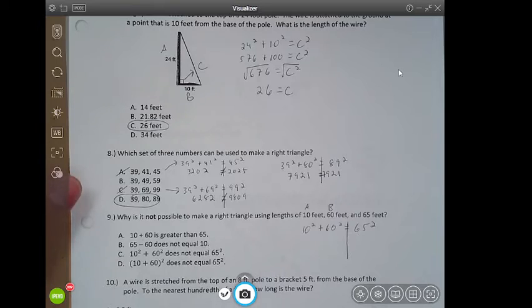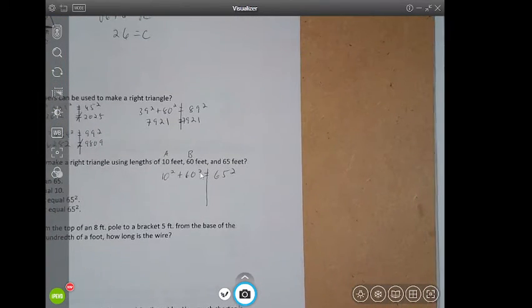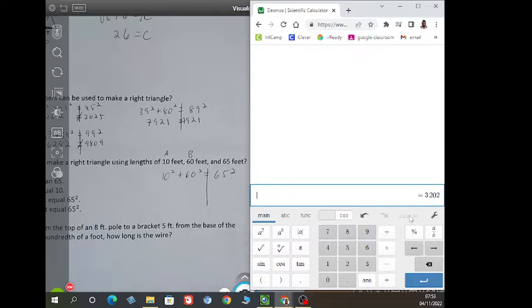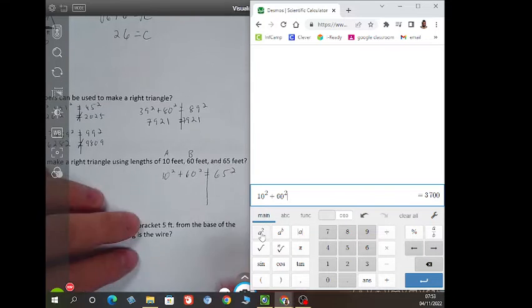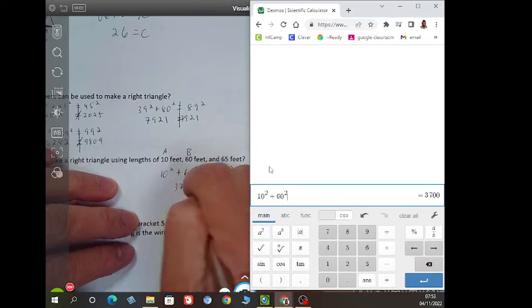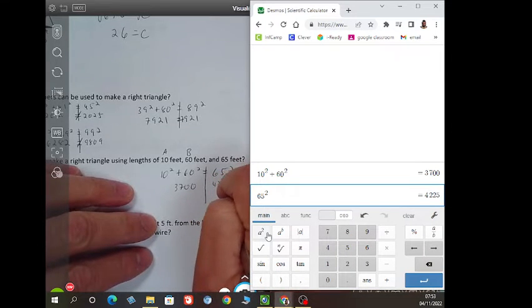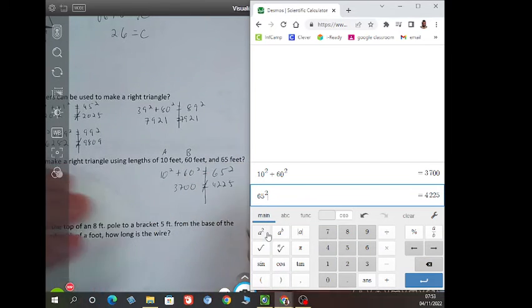Let me pull up the calculator. 10 squared plus 60 squared gives me 3,700. Let's test out 65 squared, and it gives me 4225. So A squared plus B squared does not equal C squared.